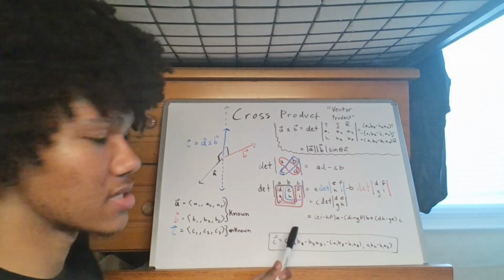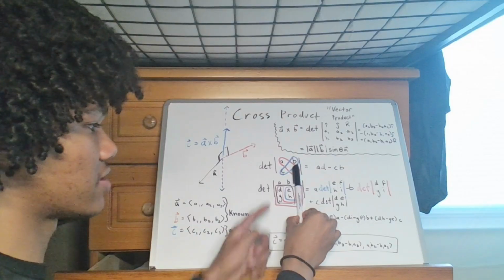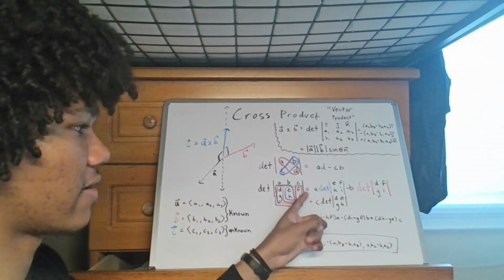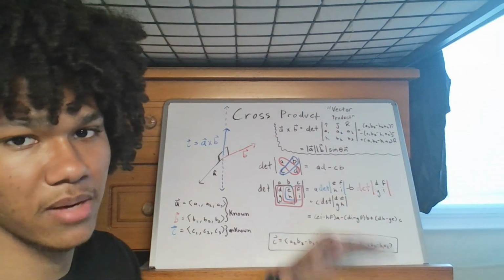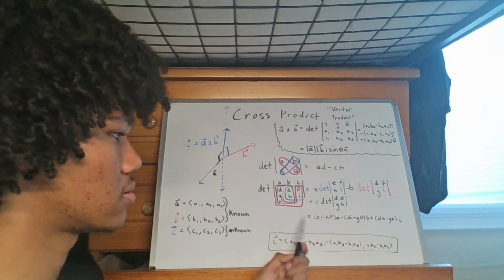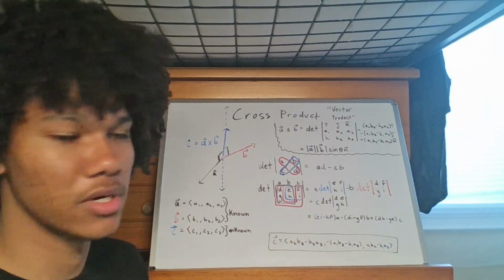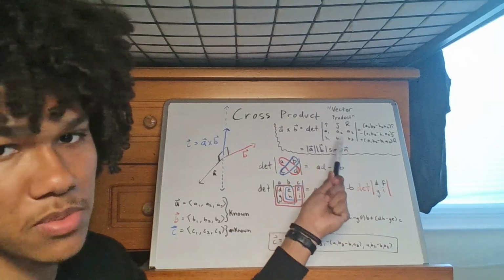Hopefully my colors make sense. But yeah, and then you don't use the last column, and then you take the determinant of what's left, which, yeah, you'd have the top values times the determinants of the bottom values, and then add them all together, you get a number. If these were all numbers, the determinant would give you a number. But if you look up here, the values weren't numbers, but they were vectors.